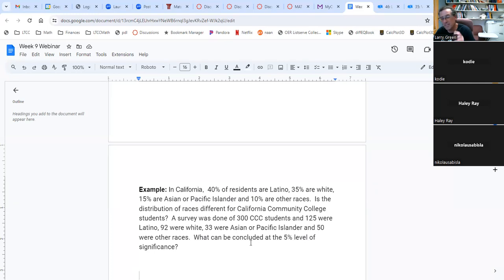In this case, we decided that the variable for this particular survey question is a qualitative, not yes, no variable. And notice it's just one survey question, and we're only looking at one group of people that we don't know, and that is the group of California Community College students. So that is important to note.